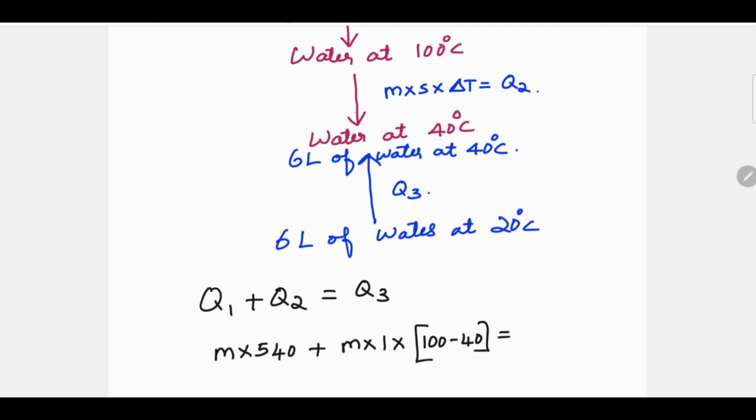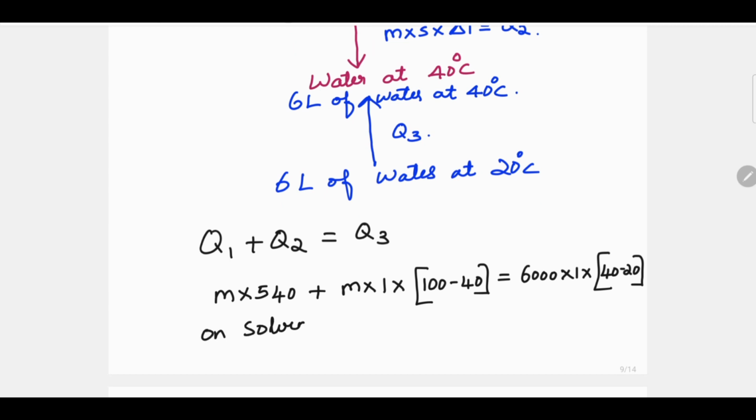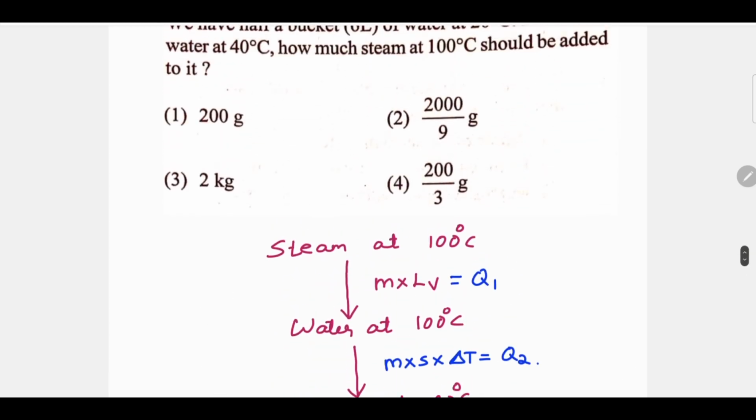So that equals 6 liter, which means 6000 centimeter cube, into 1, specific heat of water, into temperature difference 40 minus 20. Now on solving we get M equals 200 gram. So our correct choice is first choice, 200 gram.